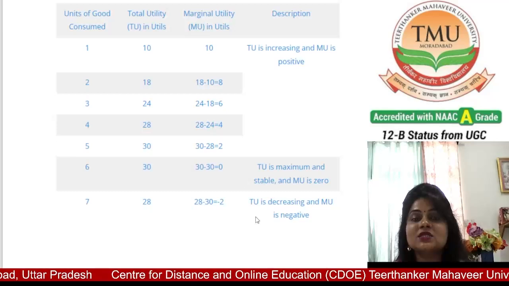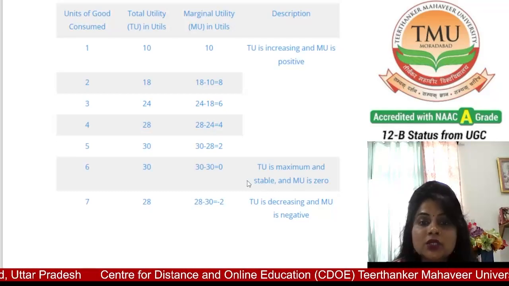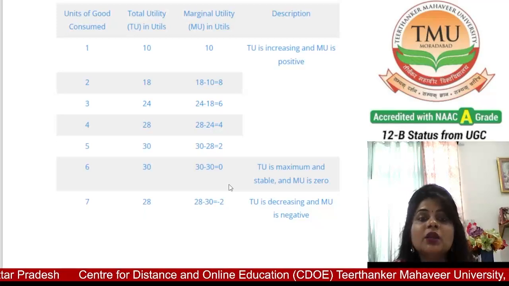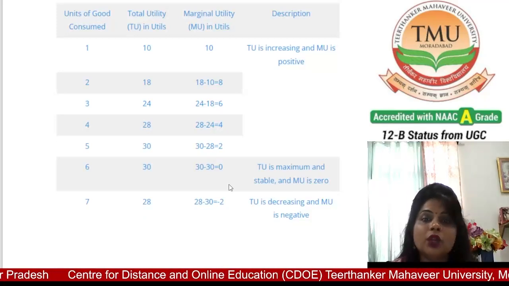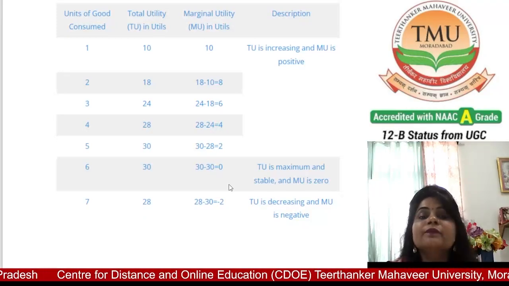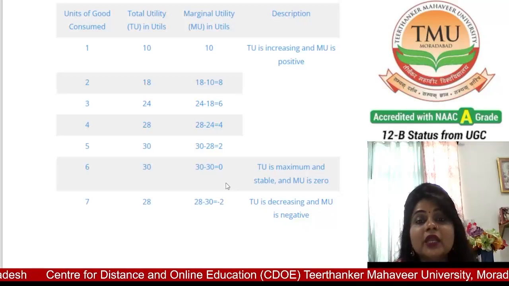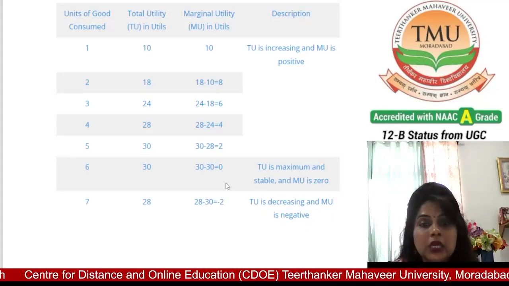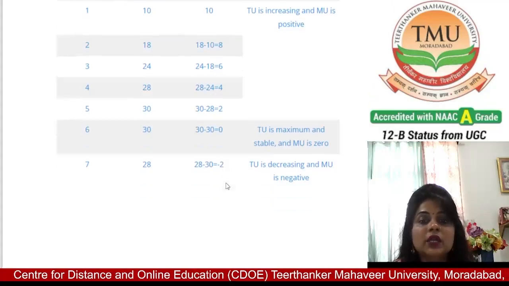With the seventh unit of the good consumed, the consumer gets diminishing total utility, 28 utils, and negative marginal utility, minus 2. Here, total utility is decreasing and MU is negative.